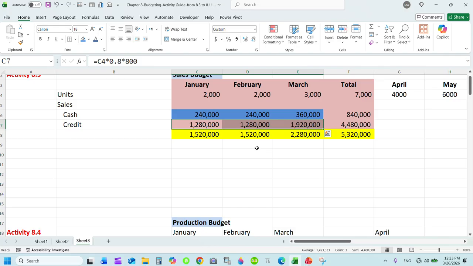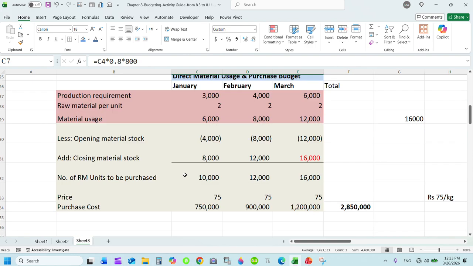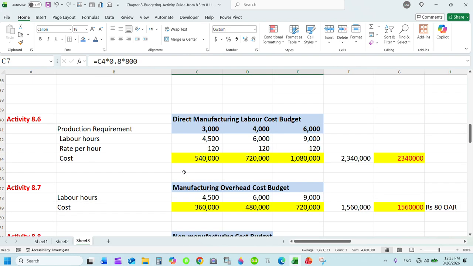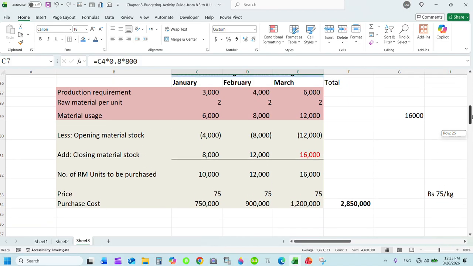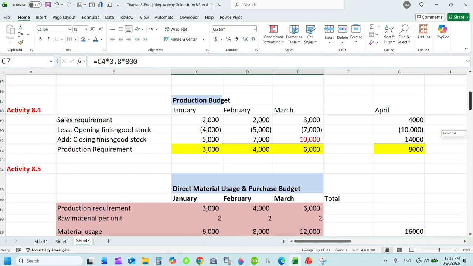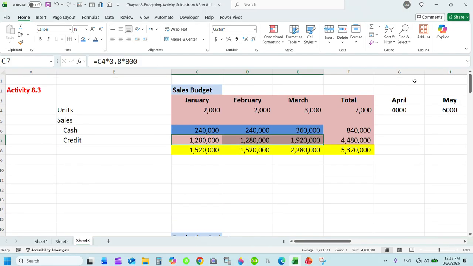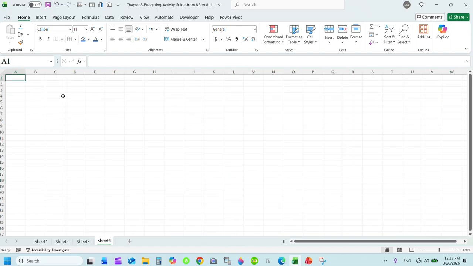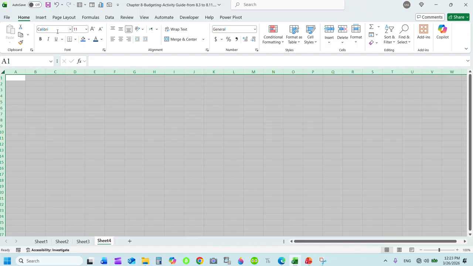So you can prepare a separate schedule to find out cash collection from credit sales. Let me put it on a separate sheet, right? This working is very important.